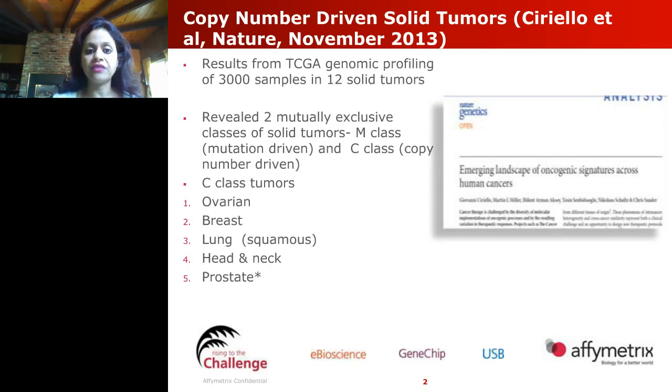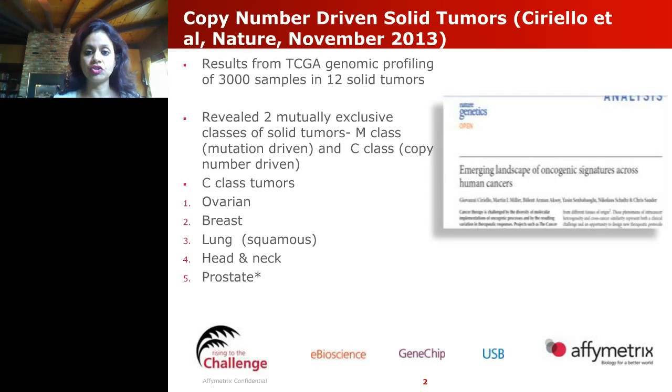The remarkable finding from this analysis was that it revealed the existence of two mutually exclusive classes of solid tumors. The M-class tumors that were driven by somatic mutations, but a completely separate and mutually exclusive class of tumors called C-class tumors, which were driven not by somatic mutations, but by copy number changes.